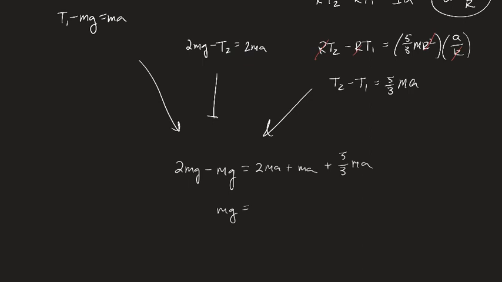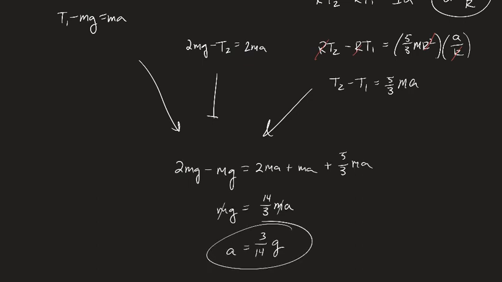Yay. 3ma plus 5ma, 14/3 ma. I got a common denominator of 3. 3 times 3 is 9. 9 plus 5 is 14. I think that's right. And so cancel out the m's, and the acceleration is 3/14 g.